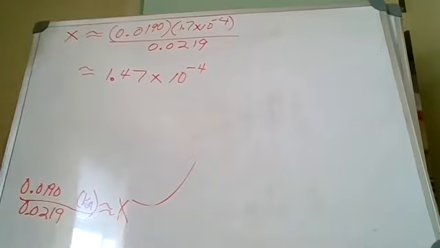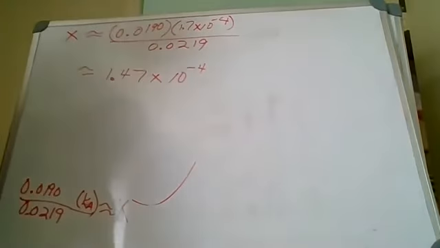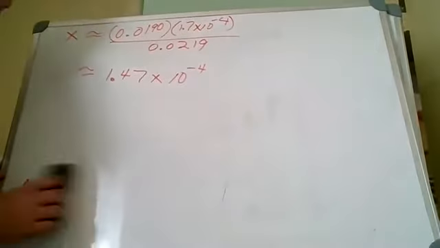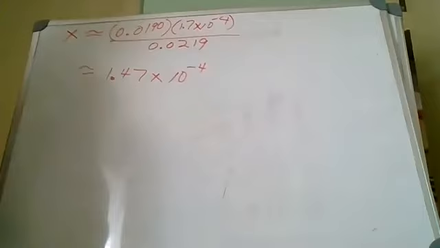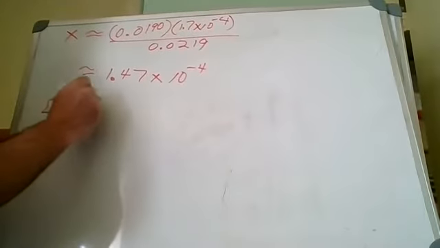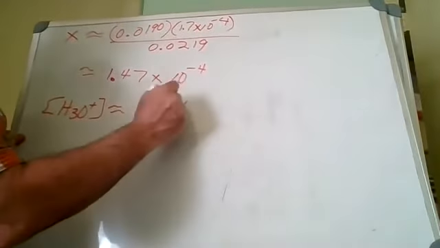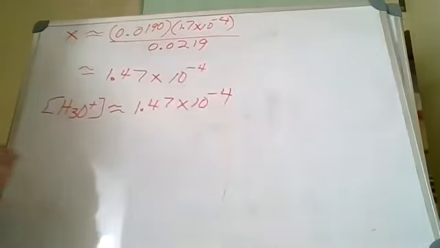Okay? But remember that X is the concentration of hydronium ion. Right? And we want the pH. So we can write H3O+ is approximately 1.47 times 10 to the negative fourth.